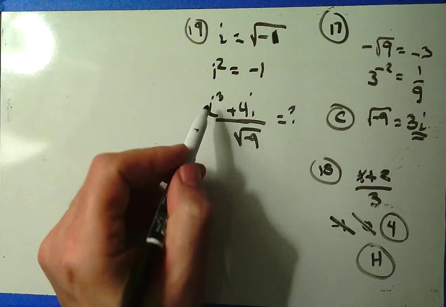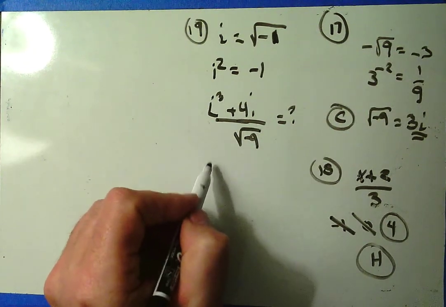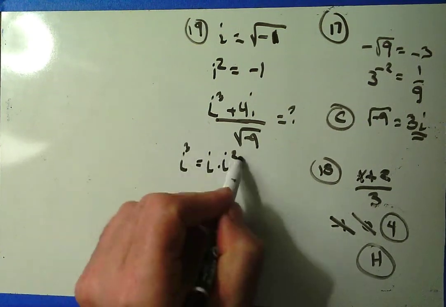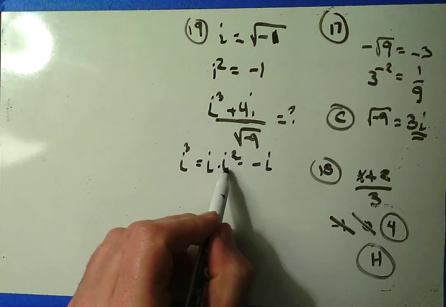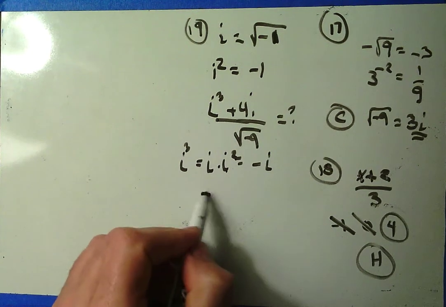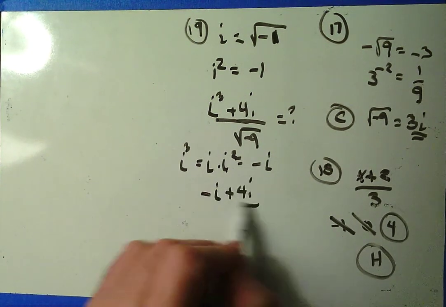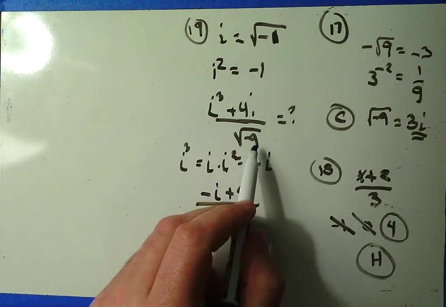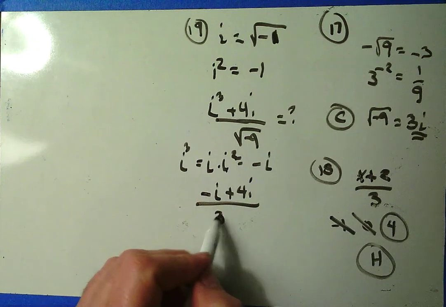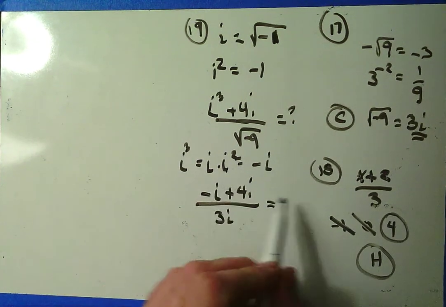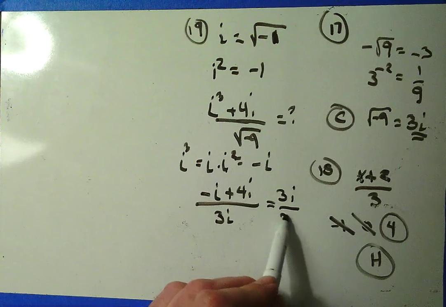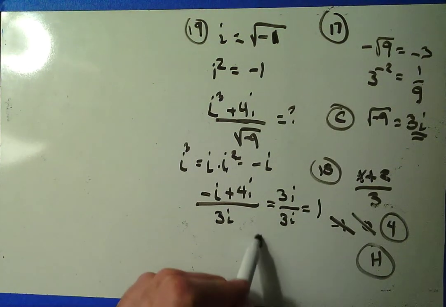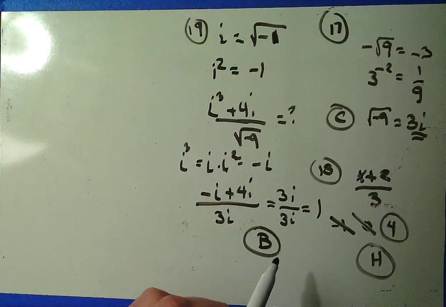Well, i to the third is i times i squared, or negative i, because negative 1 times i. So I've got negative i plus 4i on top. On the bottom, we already talked about the square root of negative 9 in problem 17, and that was 3i. I combine like terms on top, there's the bottom, and I end up with 1. And 1 is choice B, B for 19.